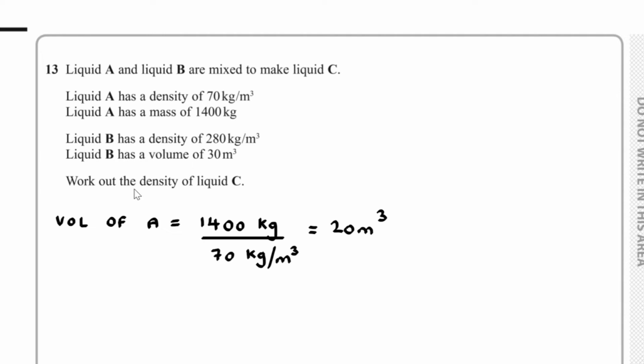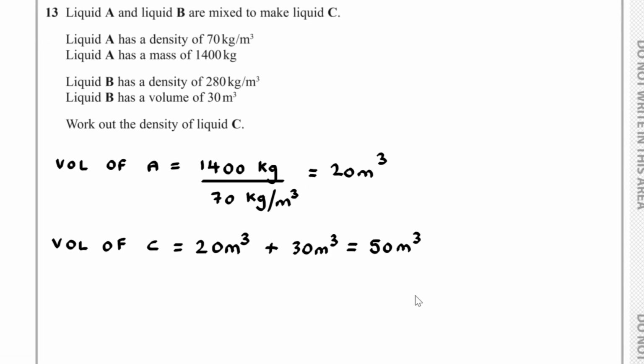We know the volume of B, and so if we add the volume of A to the volume of B, we can find the volume of C. So we've got 20 meters cubed, which is A, plus 30 meters cubed, which is B. It turns out here we get 50 meters cubed.